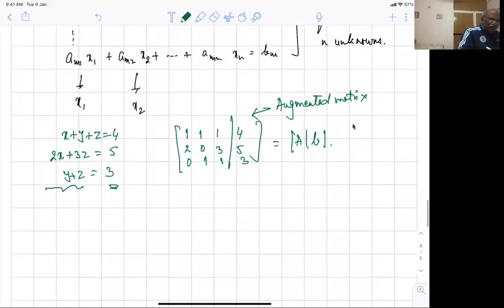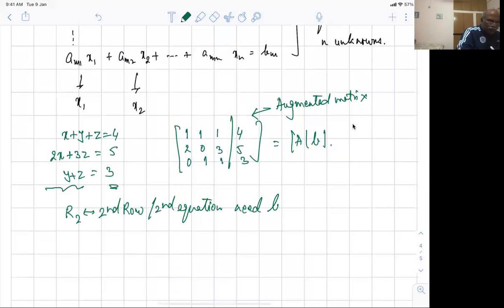So what we are going to do is, all right, R2, the second row or second equation, needs to be replaced by second equation minus 2 times the first equation.